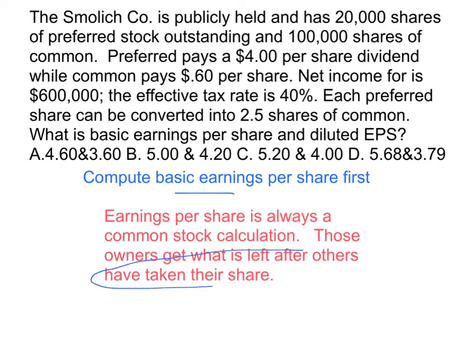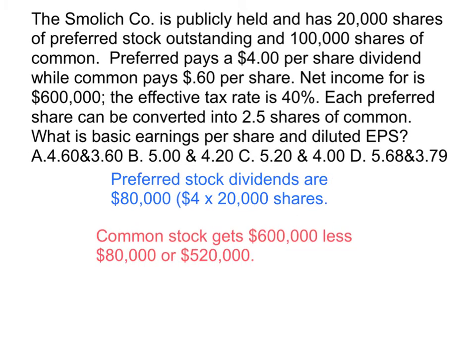After the preferred stockholders have their part, common stock gets the rest. And we want to know what that rest amount actually is. In basic earnings per share, take the net income, which is $600,000 in this problem, and subtract out the preferred stock cash dividend to arrive at the net income that is left over for common stock.